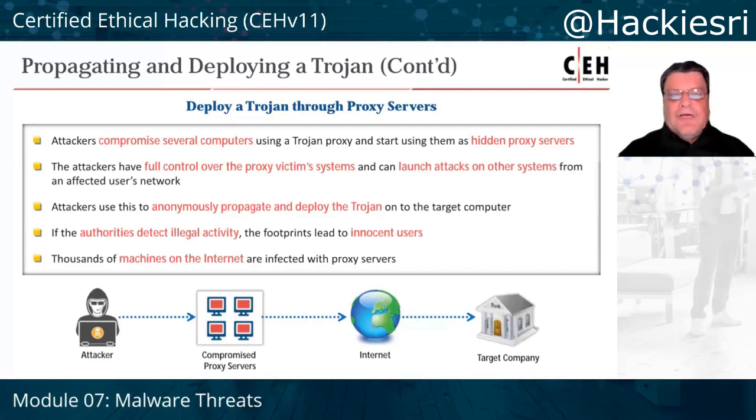Attackers use this to anonymously propagate and deploy a Trojan onto the target computer. If the authorities detect illegal activity, the footprints lead to innocent users. Thousands of machines on the internet are infected with proxy servers. Once again, we see a simple flowchart on the bottom, starting with an attacker using a compromised proxy server, going through the internet, and finally attacking the intended company.